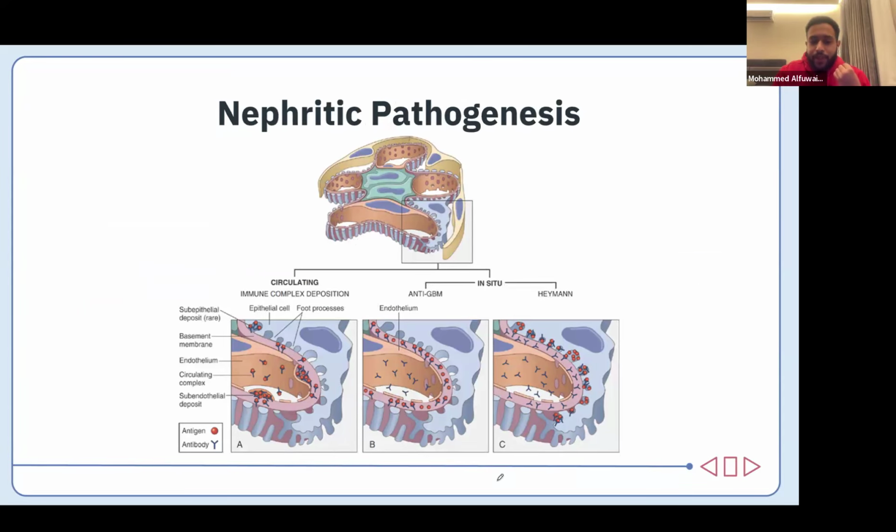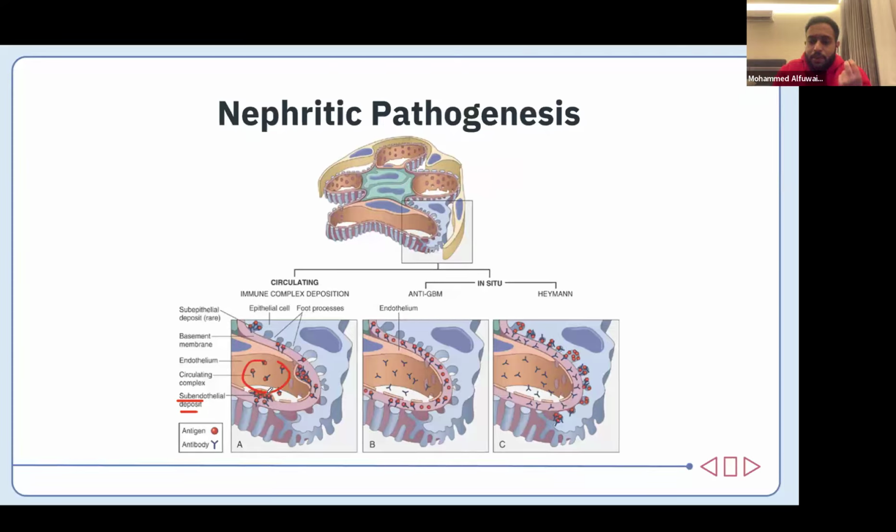Now, as I mentioned before, in nephritic, what's happening is you have antibody deposition causing inflammation. The majority of the deposition of the antibody is subendothelial. Okay? Why? As I said, where are the antibodies coming from? The blood. Where is the blood? It's right here. So what's the first thing it can go through? Subendothelium. Easy.